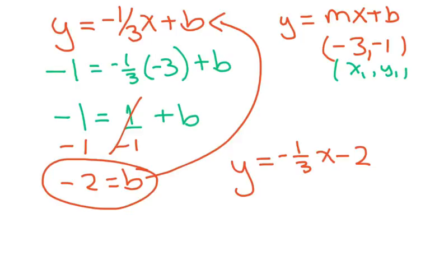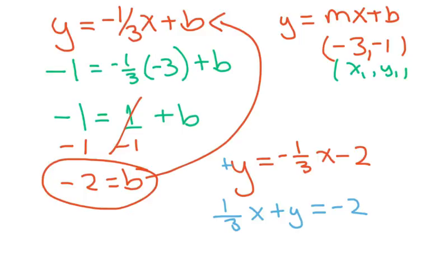Now we have to put this in standard form, and we already did a video on this prior, so I'm going to go a little faster on this. I'm going to add 1/3 x to both sides and put it in front because the x goes first. My y is positive, so I'll copy it down. Then my equals negative 2.